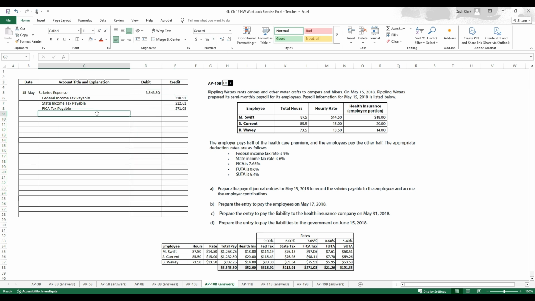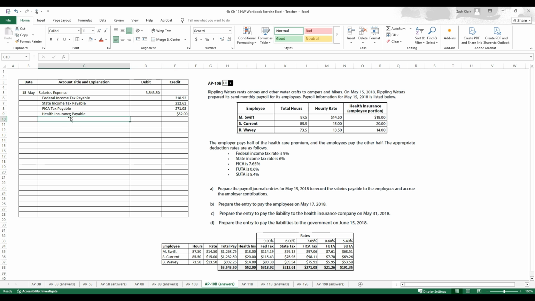Okay, and then we've got the health insurance payable. So again, your employer takes the amount that you owe and sends it to the health insurance company.